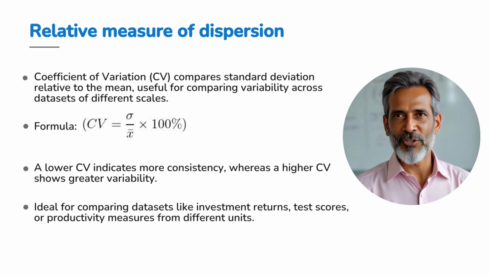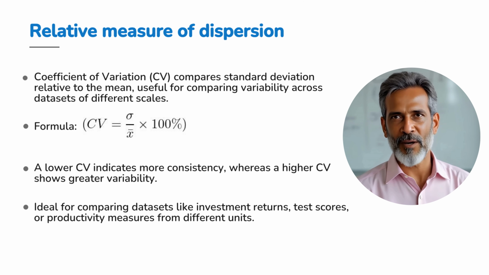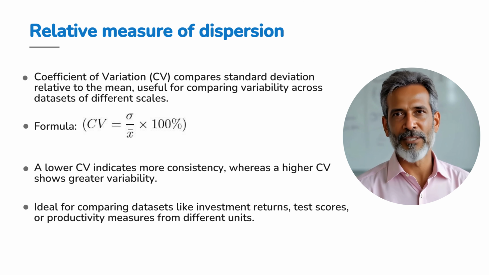This makes the coefficient of variation perfect for comparing datasets like investment returns, test scores, or productivity metrics from different units. Picture a bar chart comparing CV values of multiple datasets side by side. That's how analysts quickly see which data is more variable in relative terms.